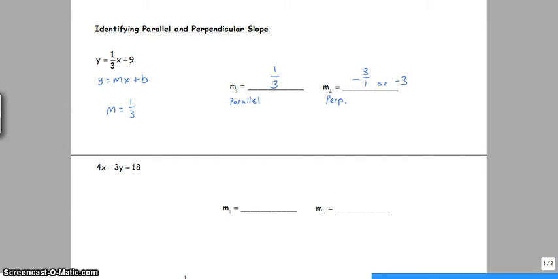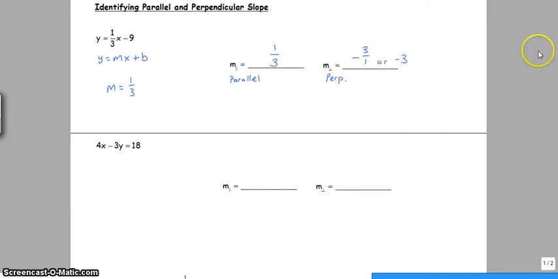The slightly more challenging problems are when it's not in slope-intercept form or point-slope form. Currently, this is in standard form. In order to figure out what the slope of this current line is, we would need to first solve for y. So we have to go back into our bag of tricks. We know we need to get y here all by itself. 4x is positive.